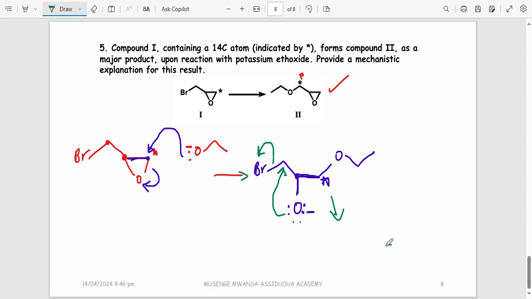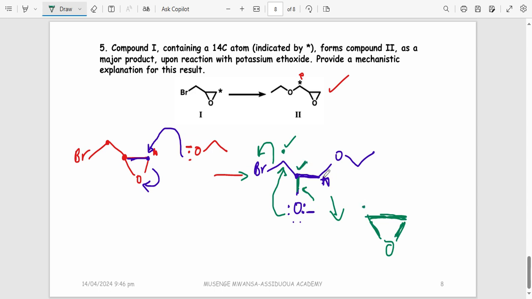I'm going to write this oxygen, and with this bond that you can see, I'm going to write that bond. Remember, it is forming another bond this side with this carbon. But remember, these two carbons are attached. This bromine has left here, so there's nothing.